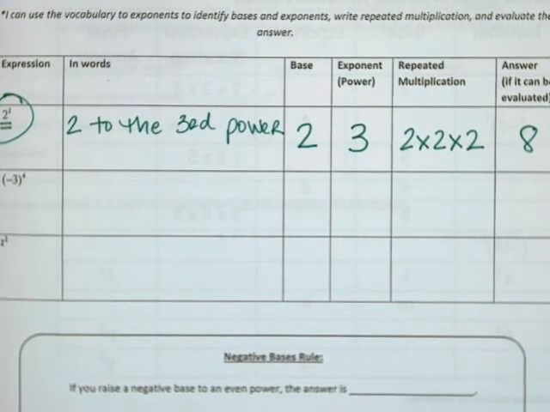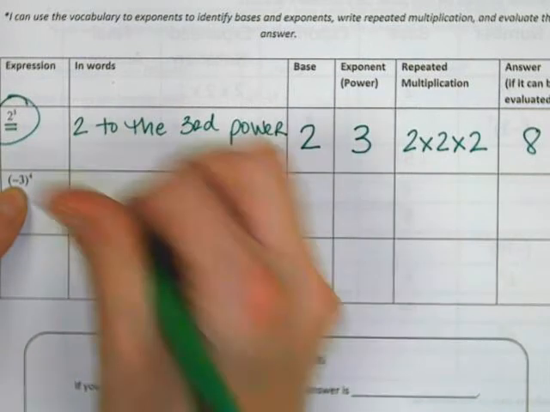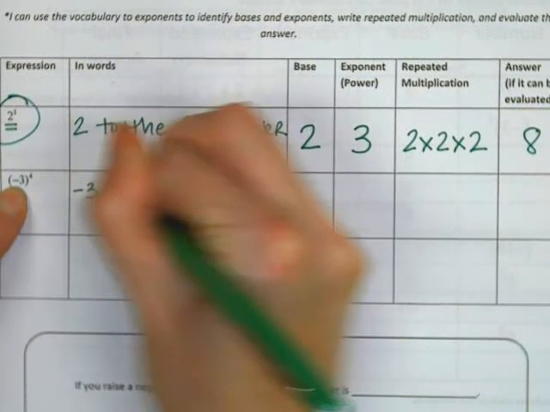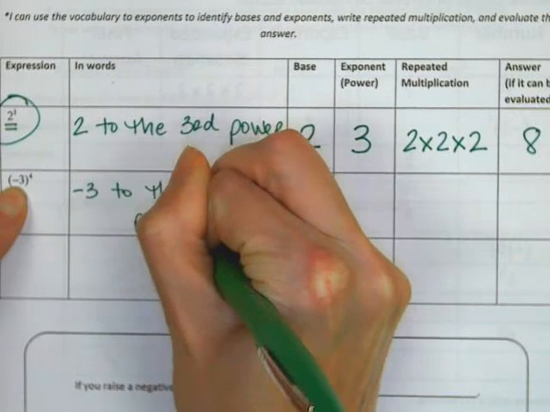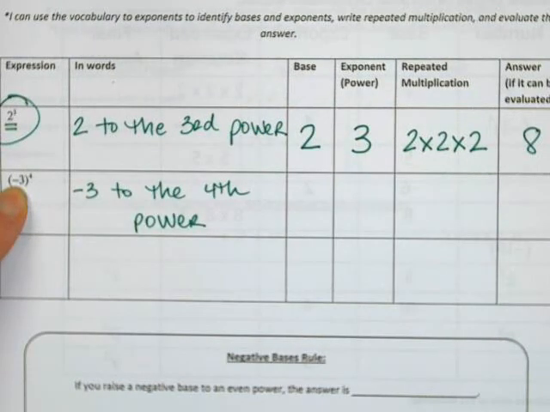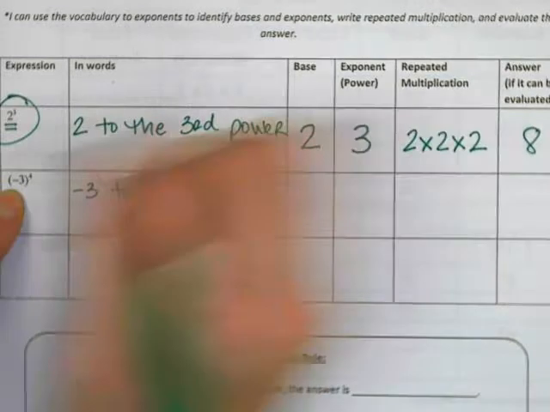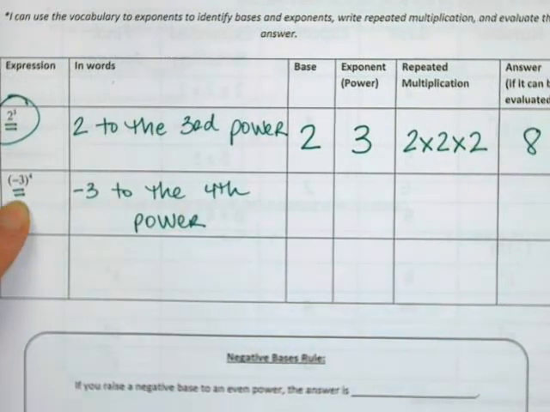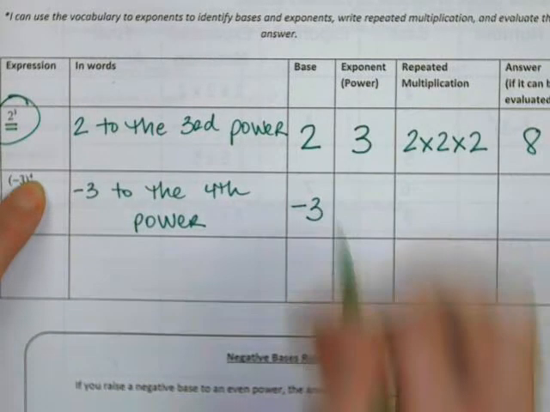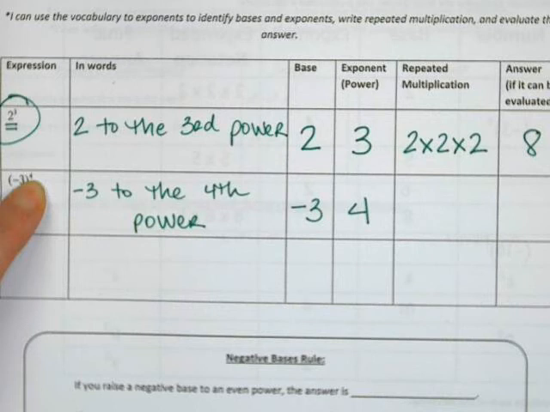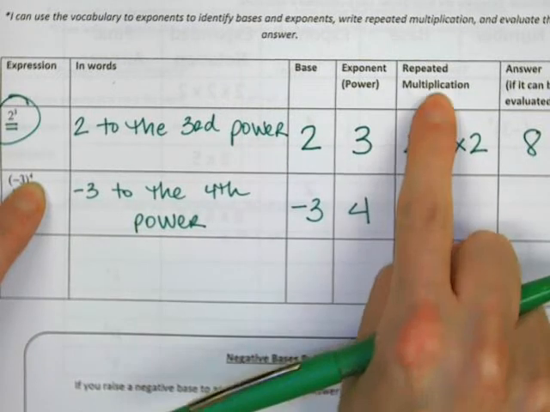All right, next one. This means in words, -3 to the fourth power. Okay, the base is the bottom number, -3, and the exponent is the little top number, which is 4. And what this means is repeated multiplication.